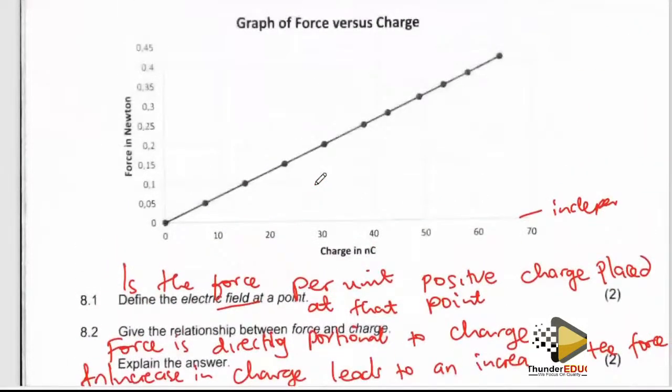So gradient, remember, from our mathematical approach, you can get any values. I think I can use this point since it's on the line. I'll get my triangle. I'll get my change in y, and then this would be my change in x.